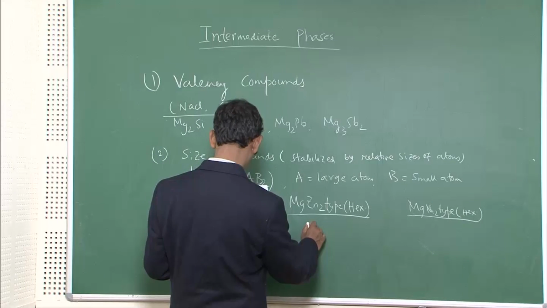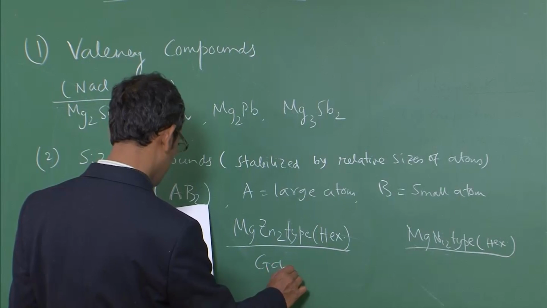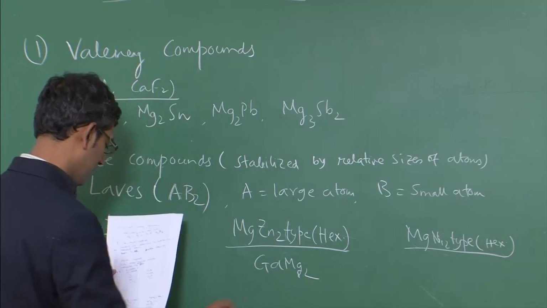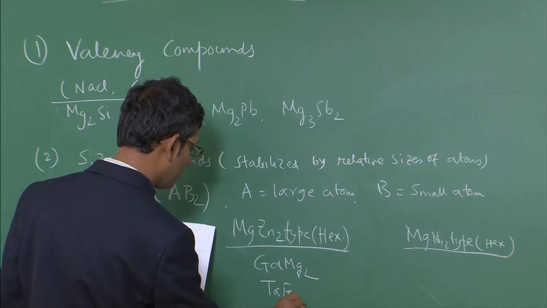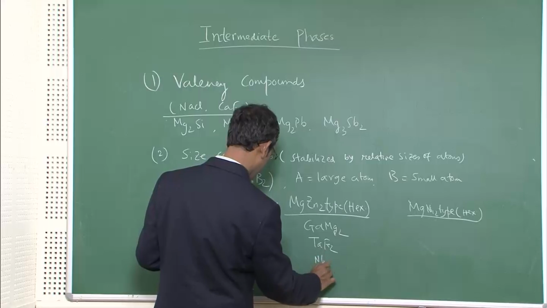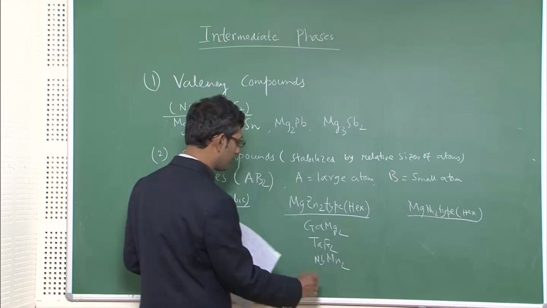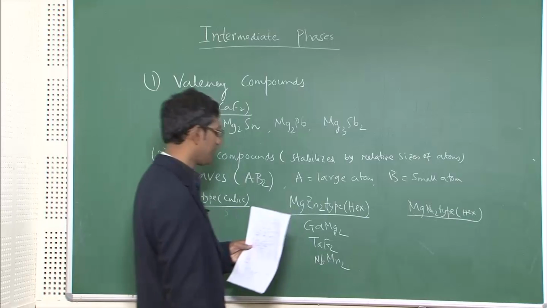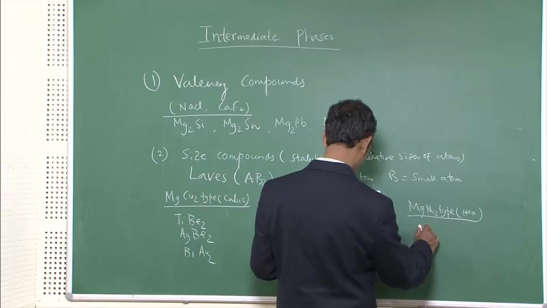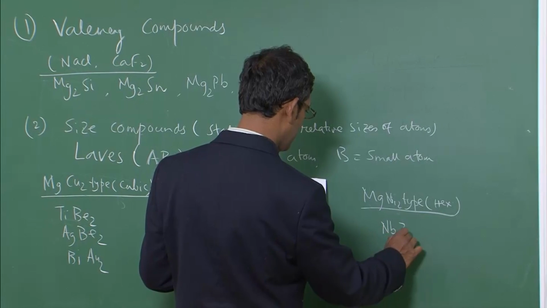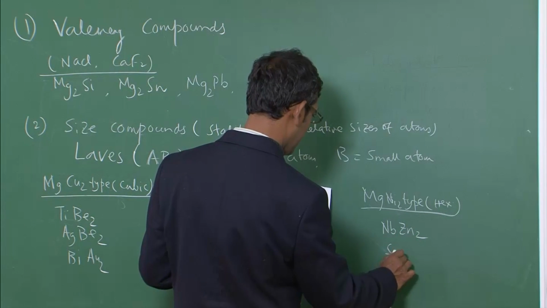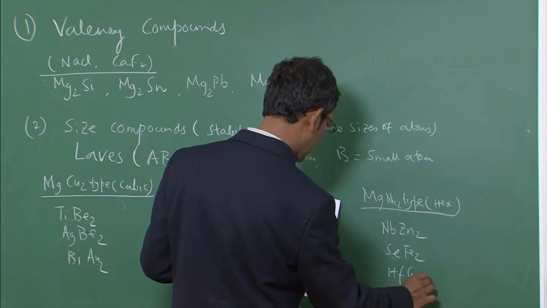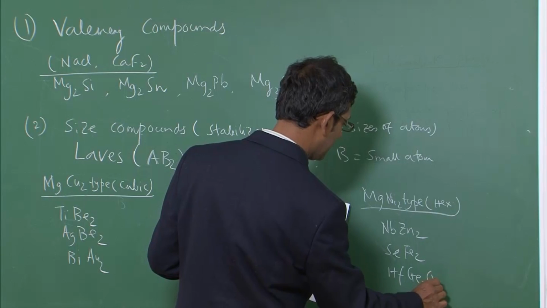Here this is gallium magnesium 2, tantalum Fe2 and niobium manganese 2. Some of them are superconductors, by the way, and some of them are very interesting materials. The last category is Nb Zn2, selenium iron 2 and hafnium gallium 2, Cr2.